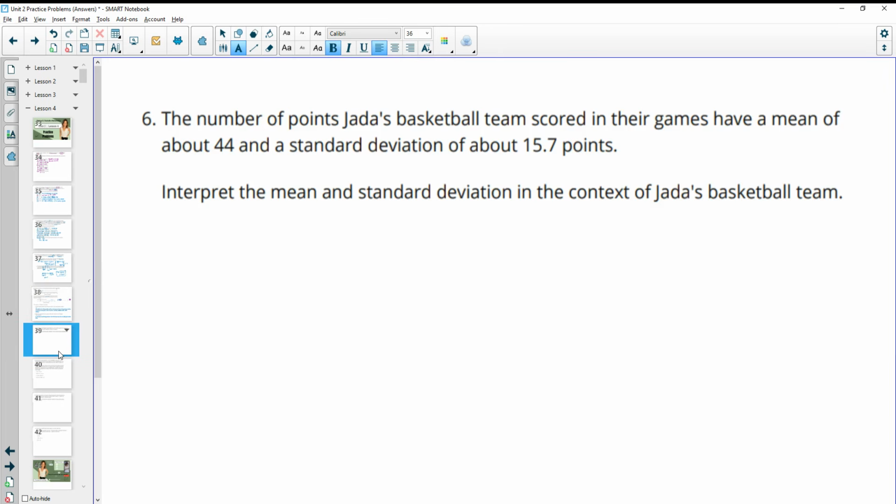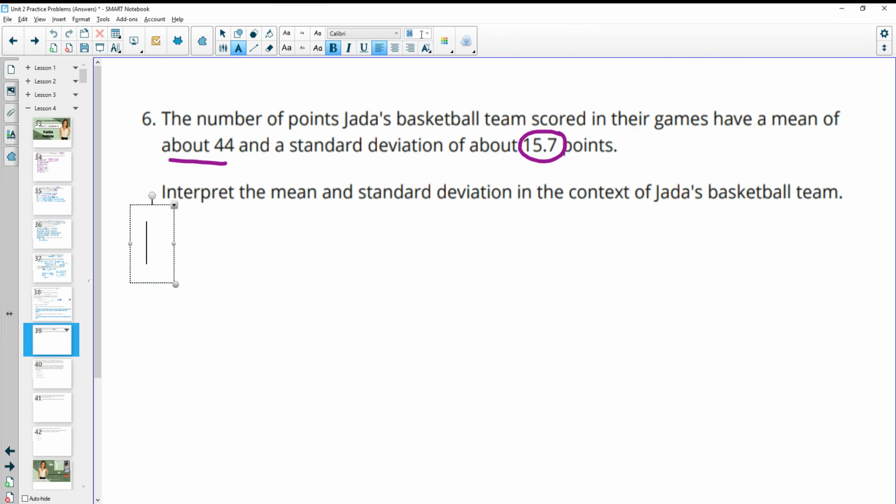Number 6, the number of points Jada's basketball team scored in their games have a mean of about 44 and a standard deviation of 15.7. Interpret the mean and standard deviation in the context.